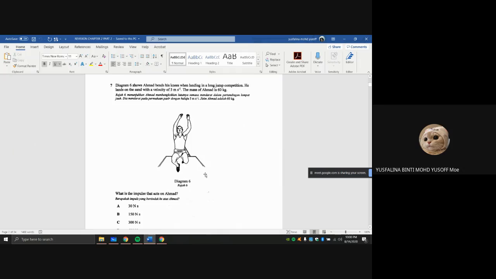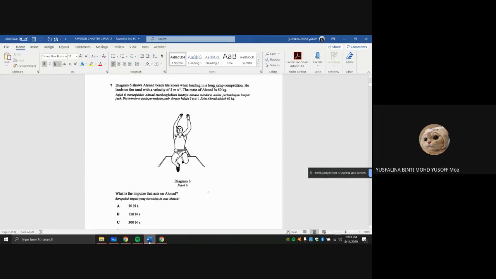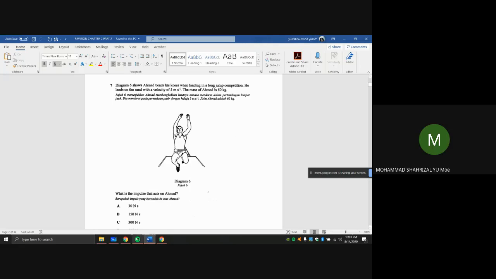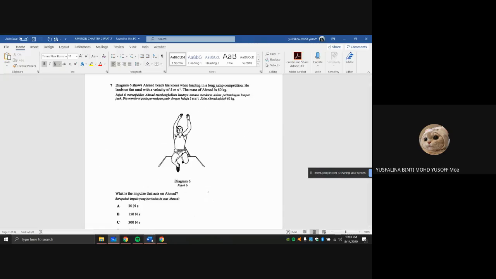We cannot use Ft because there's no time given here, right? So the mass of Ahmad is 60. The final velocity is 5. So you got 300, correct? Yes. Okay, this one is easy.